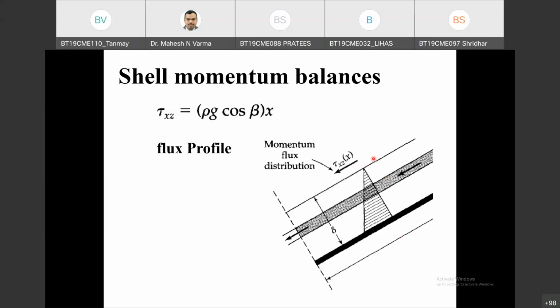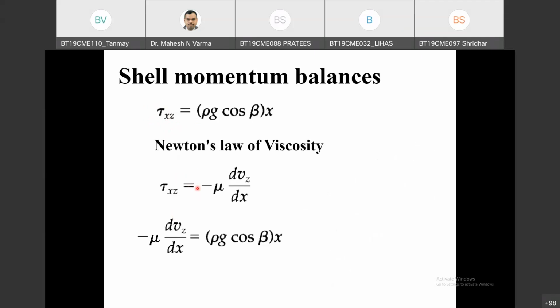Now tau xz is related to velocity by using Newton's law of viscosity. So to get the velocity profile, I need to introduce Newton's law of viscosity, generalized and simplified. Newton's law of viscosity: tau xz equals minus mu dvz by dx.